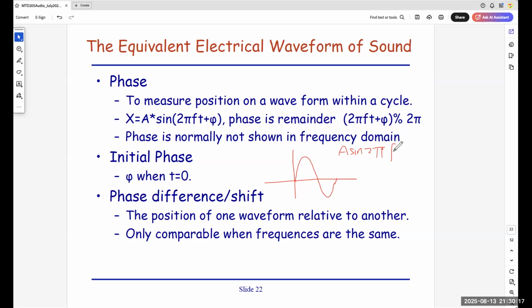However, if the wave shifts, instead of starting at 0, it may start at maybe here. This is the popular cosine wave. This cosine wave is actually called A cosine.